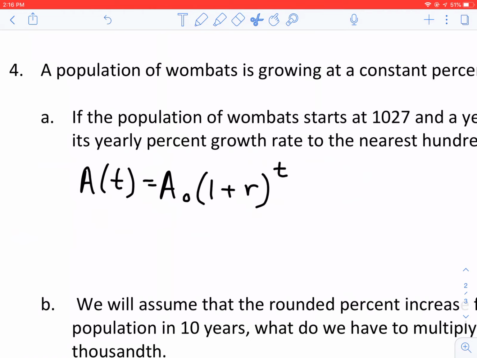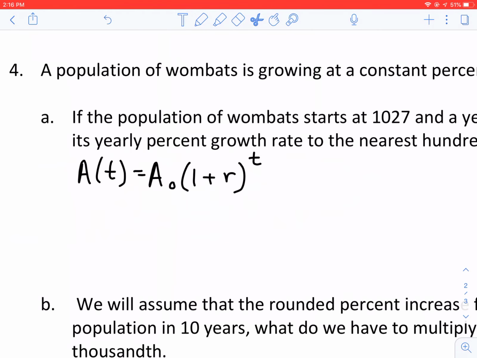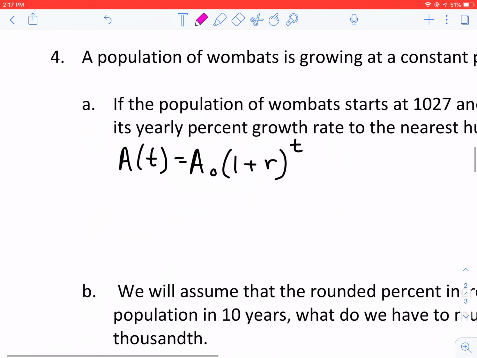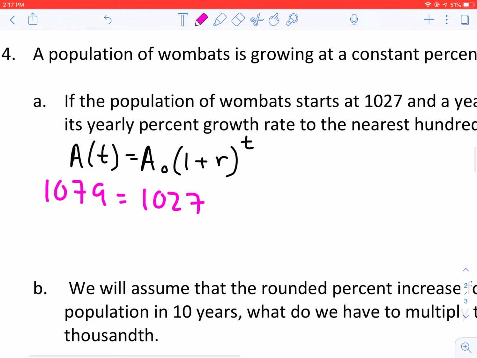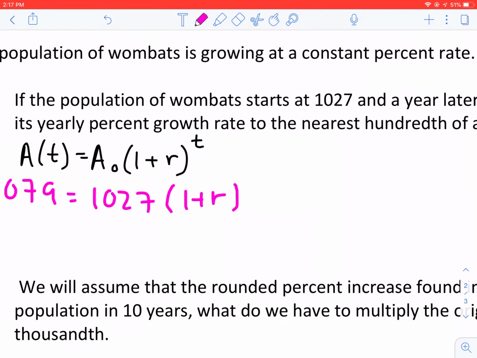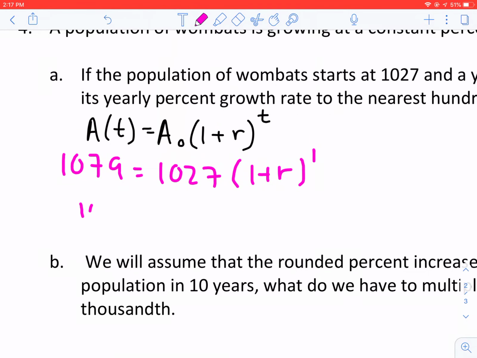Yes, I do. All right, so the amount of wombats I have at the end is 1079. I started with 1027, times 1 plus r, and this was after 1 year, so just t is 1. So solving for this, 1079 over 1027 equals 1 plus r.